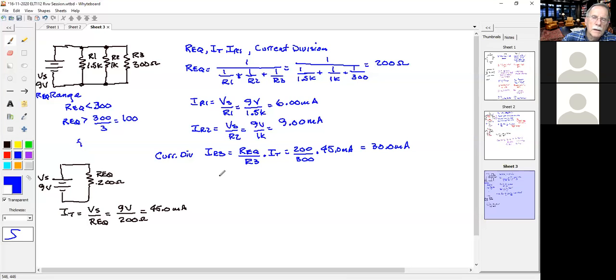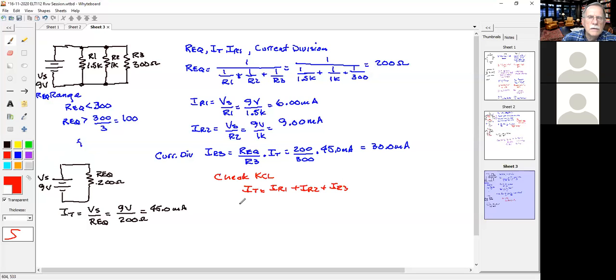And as my check, we can say that IT should be IR1 plus IR2 plus IR3.